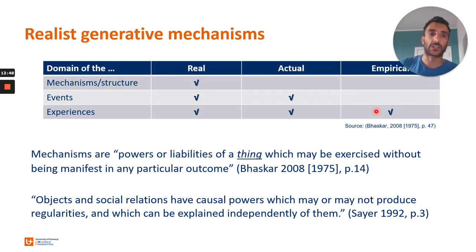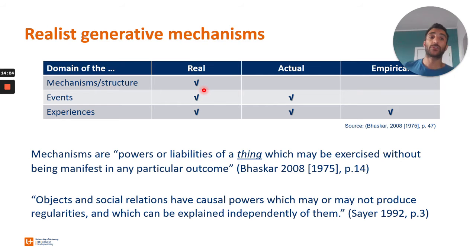And many approaches, like statistical approaches, like the positivist philosophy of science, only focus on the domain of the empirical or conflate the domain of the actual and the domain of the empirical, but do not think that there is actually something like a domain of the real. So the statistics only focus here at regularities, whereas a realist researcher will focus on here and will say, well, there can be regularities here, but they need not be there in order for a mechanism to be present as well.